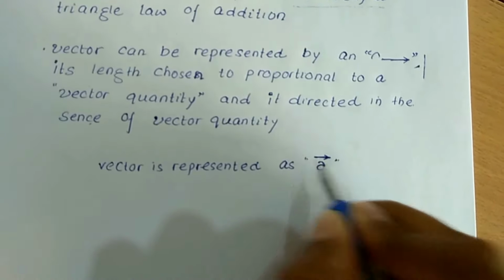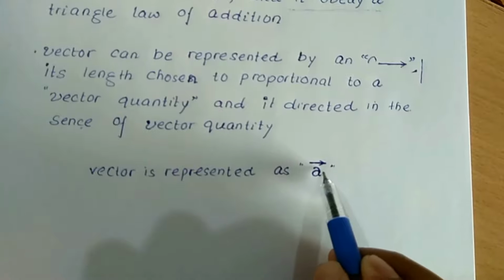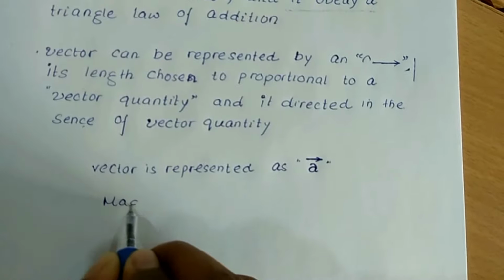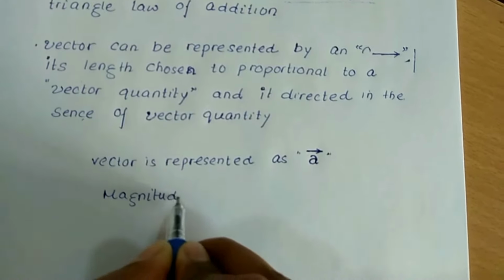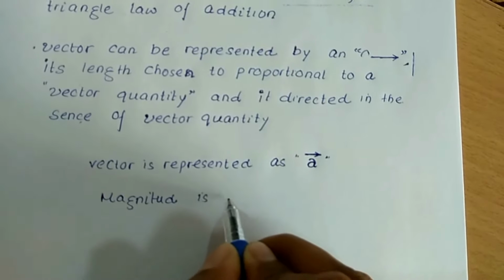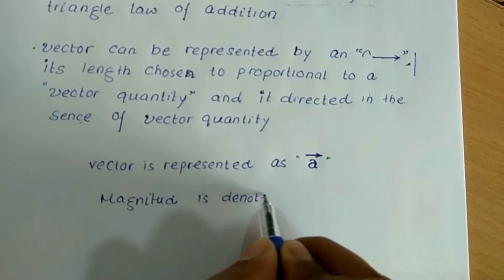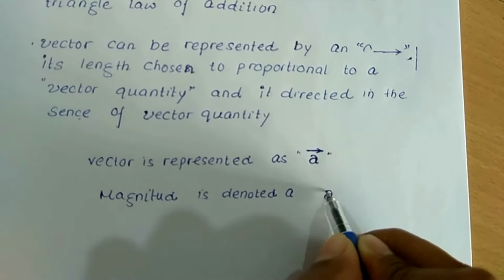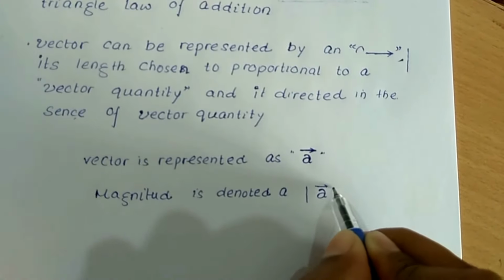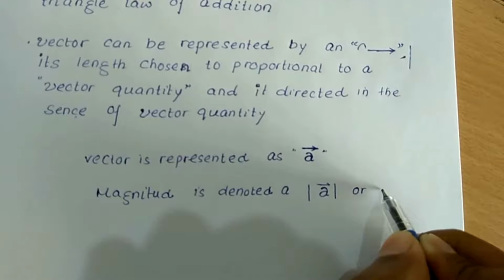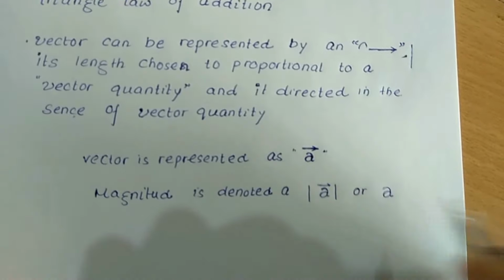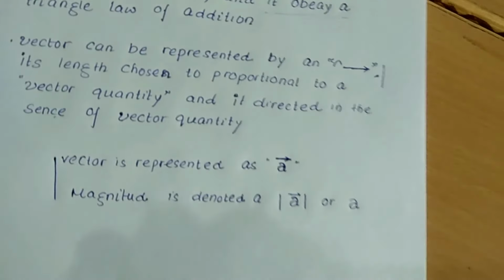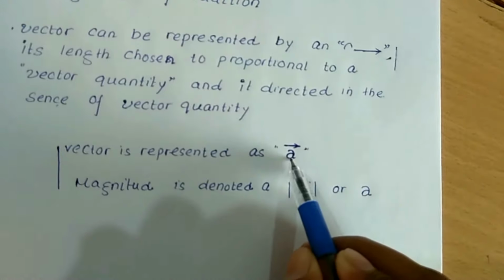This is a vector A, and its magnitude is denoted as a symbol like this, and this is the modulus, or it is represented as simply A, not in bold letter.